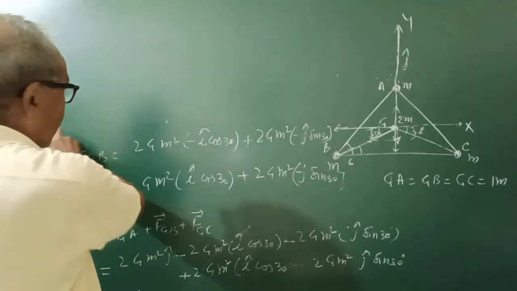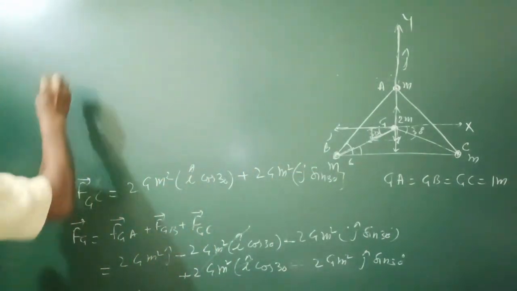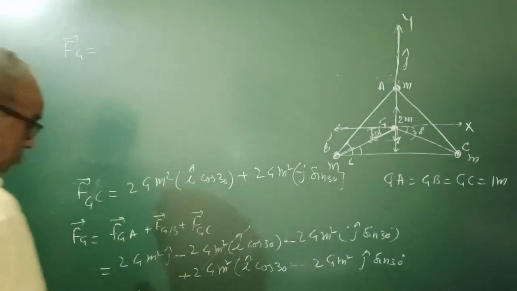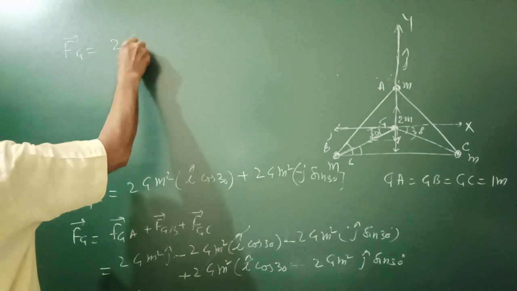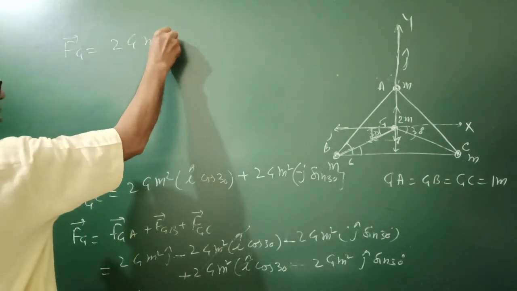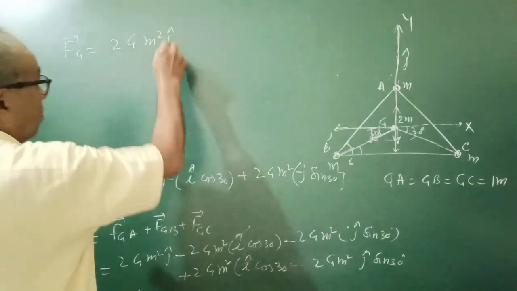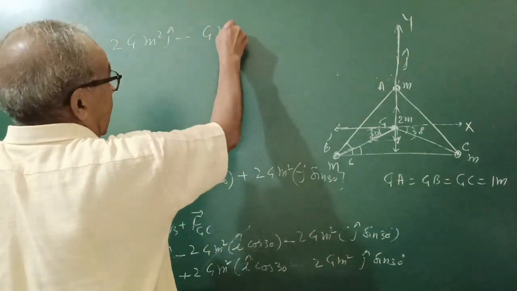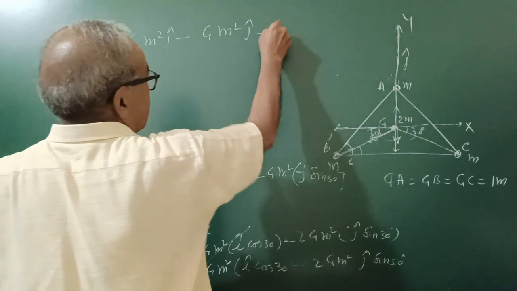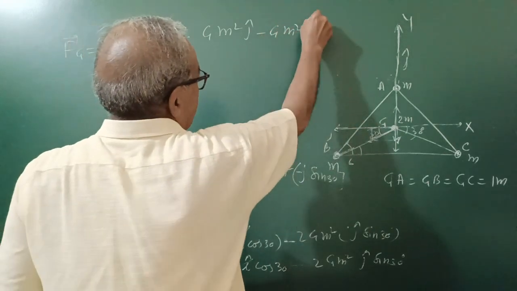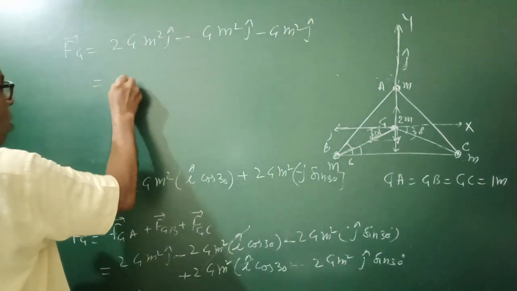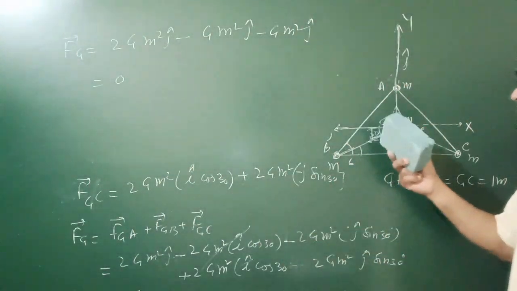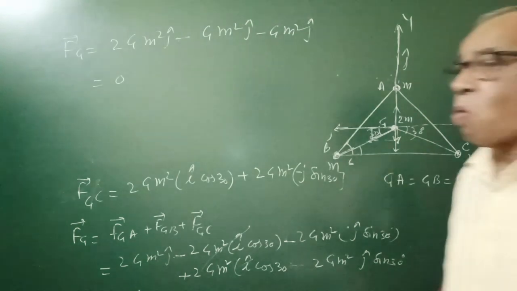So we get vector Fg equal to 2GM square j cap minus GM square j cap minus GM square, and it comes to 0. So we can prove that the force on this mass is 0.